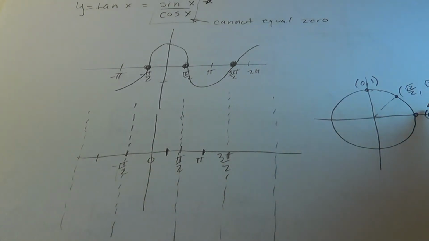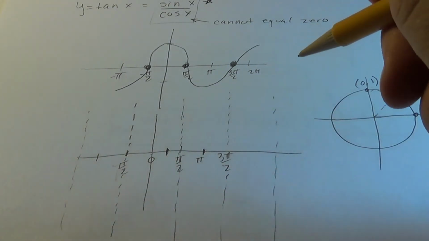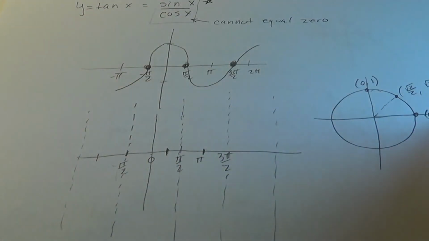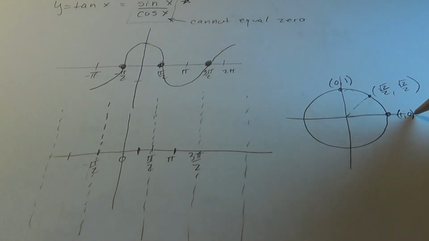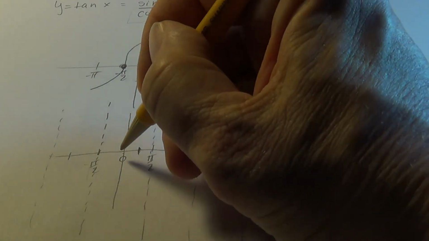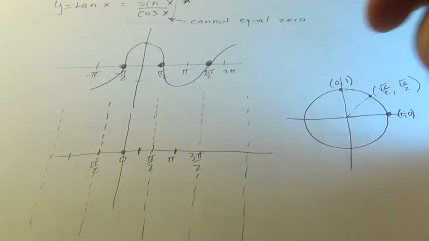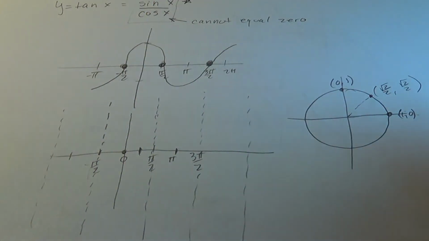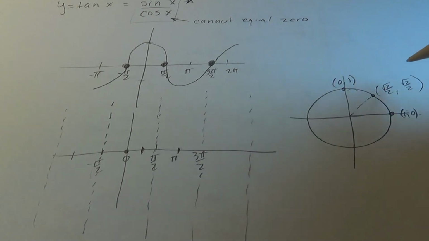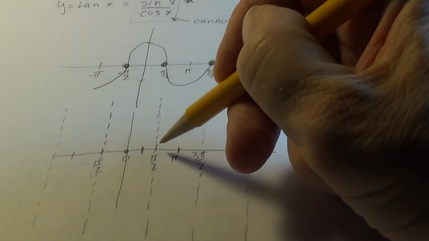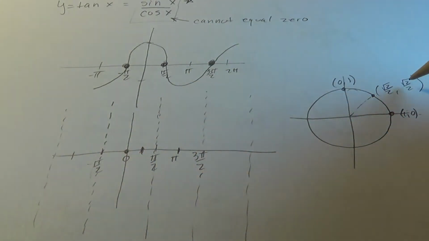So what is the tangent? Since we're graphing the tangent curve, the tangent is this value divided by this one. 0 divided by 1, which is 0. So the tangent of 0 is 0. So that's a point on my tangent curve. When I go to pi over 4, which is right there, I divide this second value by the first and I get a 1.